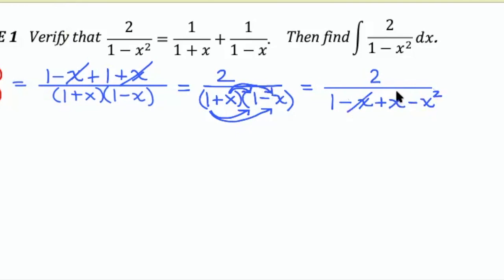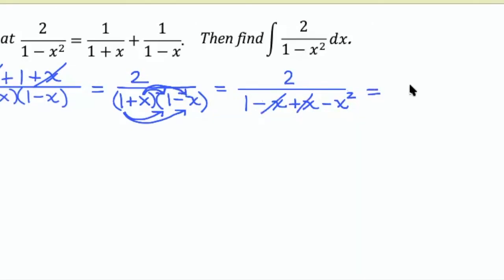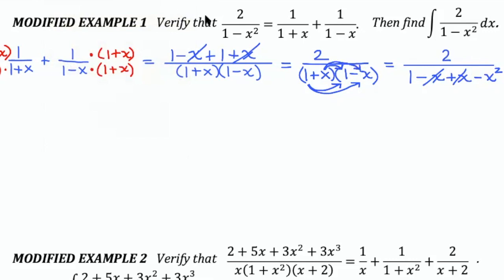Middle terms drop out, and I do get what we were hoping to establish, which is that the two separate fractions are the same as 2 over 1 minus x squared. So I've established that this relationship is true. Now watch how that helps us with this integration.